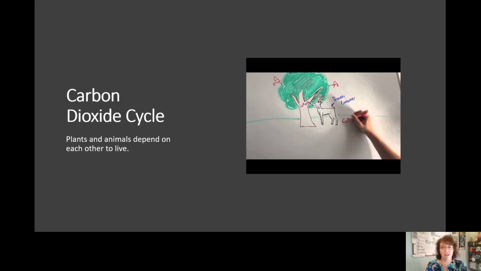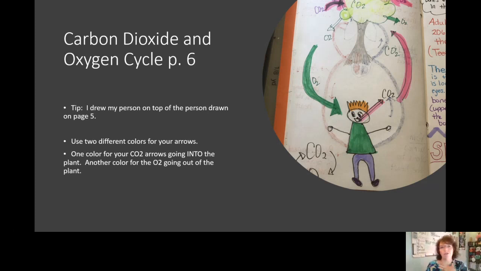All you have to do is click on it because I'm going to email you the PowerPoint. All right, so this is my version of the carbon dioxide oxygen cycle. As you can tell, the other page from the heart and lungs kind of bled through on the page, but it's okay.